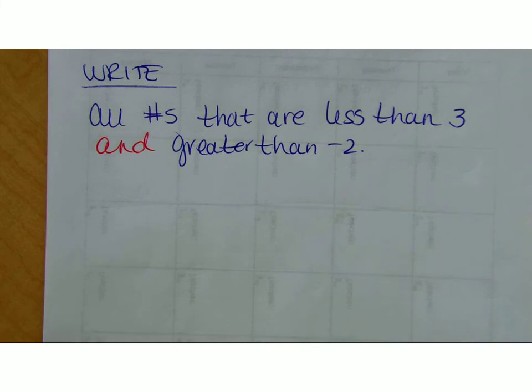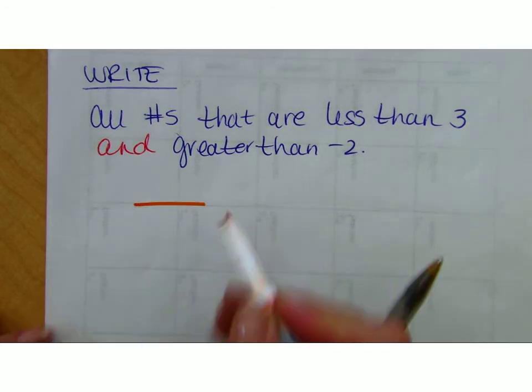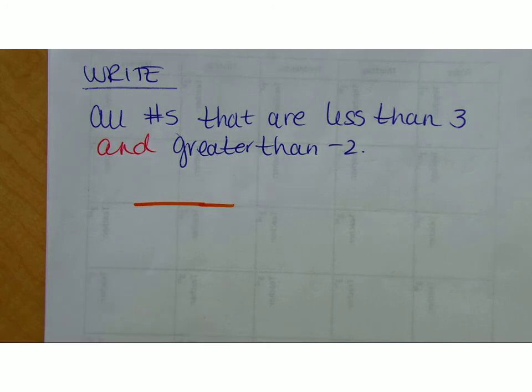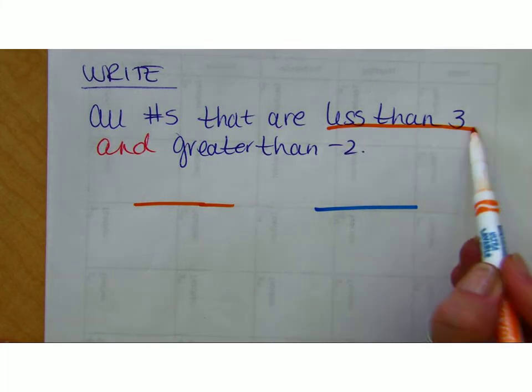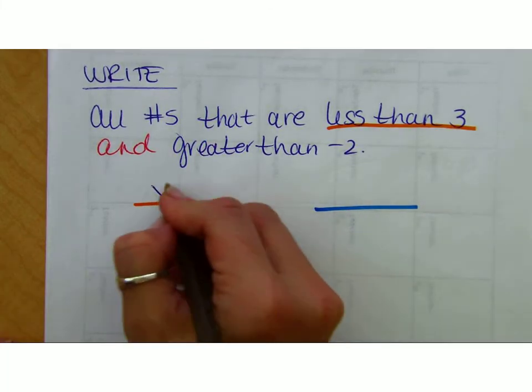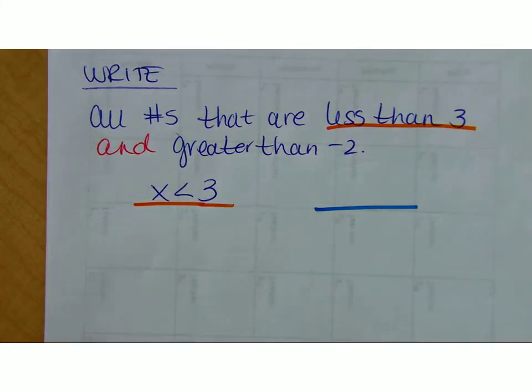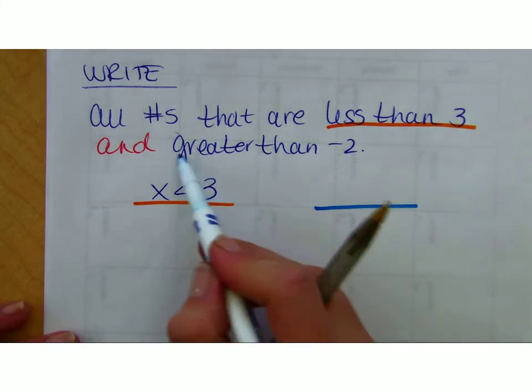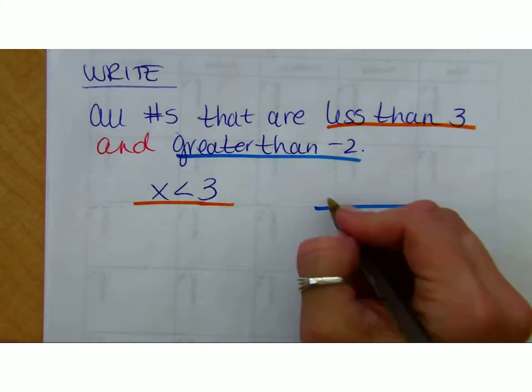So let's go ahead. It might be helpful to write them as two separate inequalities and then combine them. A lot of kids can write them separately. Meaning, let's write this one. All the numbers that are less than 3 would be this. Pretty simple. All the numbers that are greater than negative 2 looks like that.